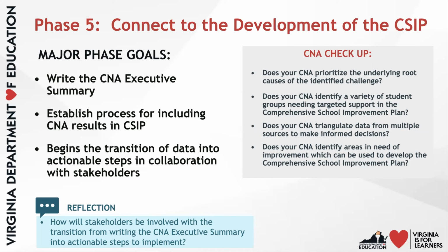Does your CNA triangulate data from multiple sources to make informed decisions? And does your CNA identify areas of need of improvement, which can be used to develop the comprehensive school improvement plan? Now, keeping those checkup questions in mind, I also want you to reflect. How will stakeholders be involved with the transition from writing the CNA executive summary into actionable steps to implement?